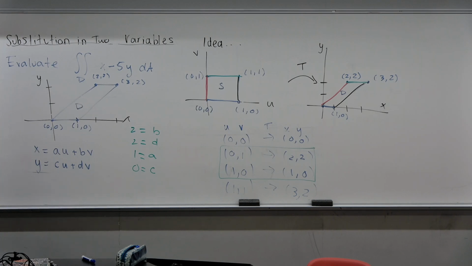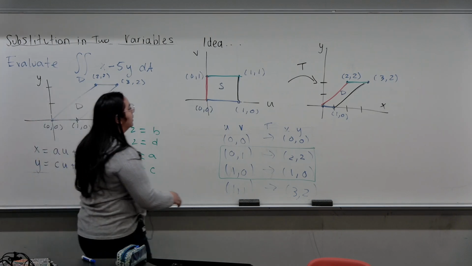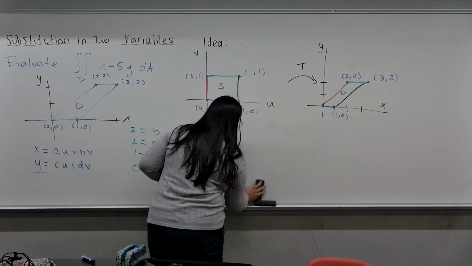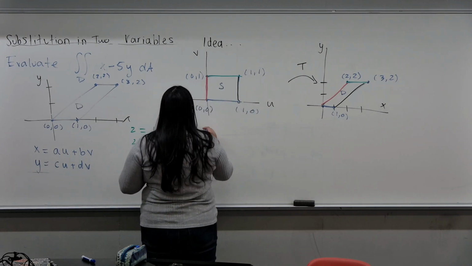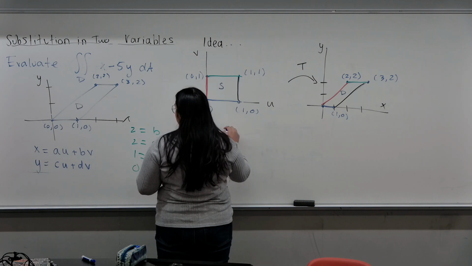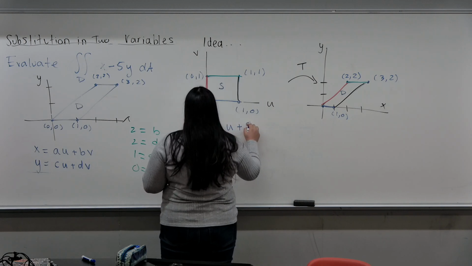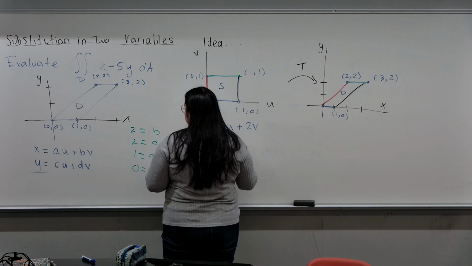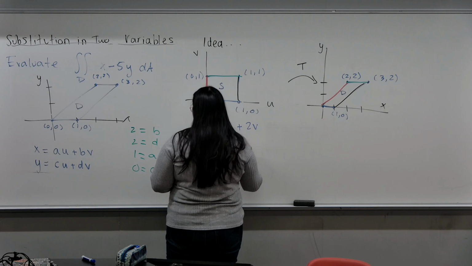So we found our equations, right? x equals u plus 2v, and y equals 2v.